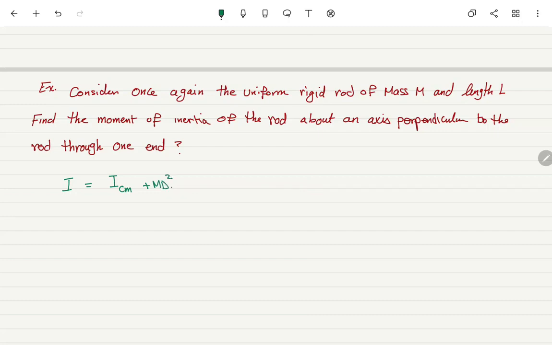We actually used the parallel axis theorem here. So you do the math. The moment of inertia about its center is 1 over 12 ml square, plus, now d here is the mid length, L over 2 squared, so in total 1 over 3 ml square.